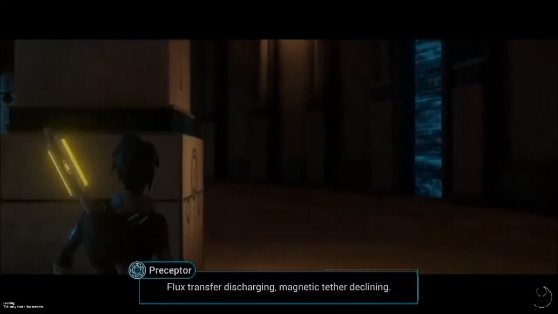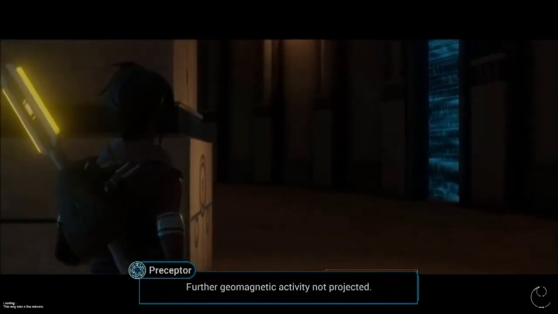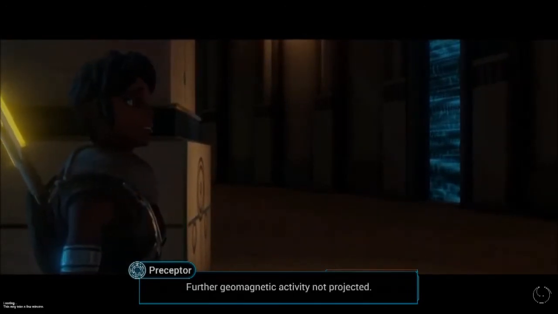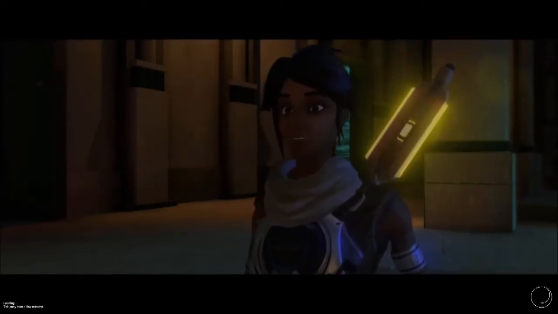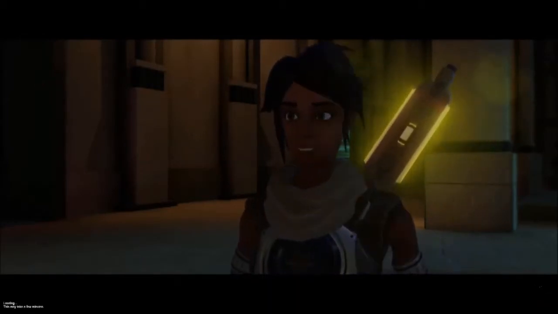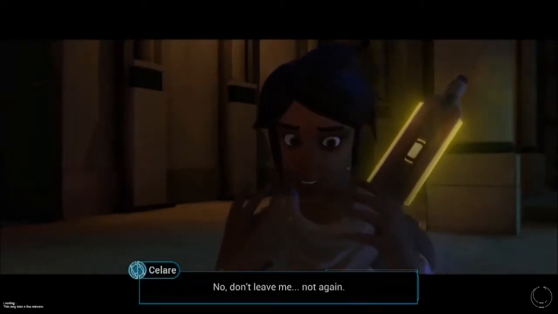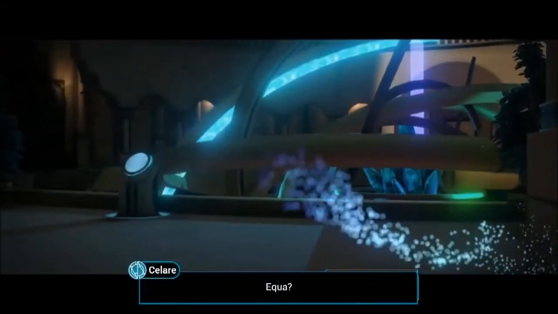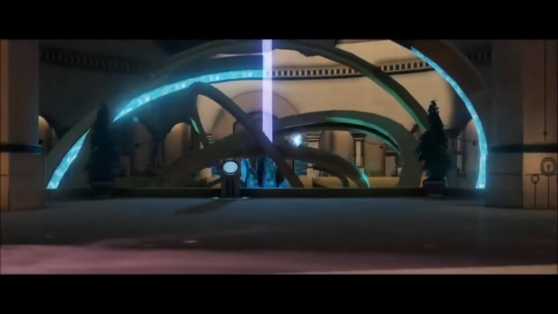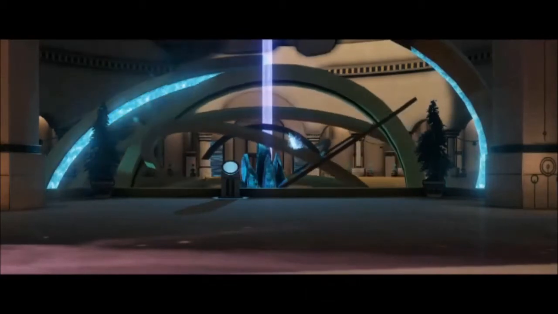It's happening again. Flux transfer discharging. Magnetic tether declining. Further geomagnetic activity not projected. Equa? No. Don't leave me. Not again. Equa? It's over.